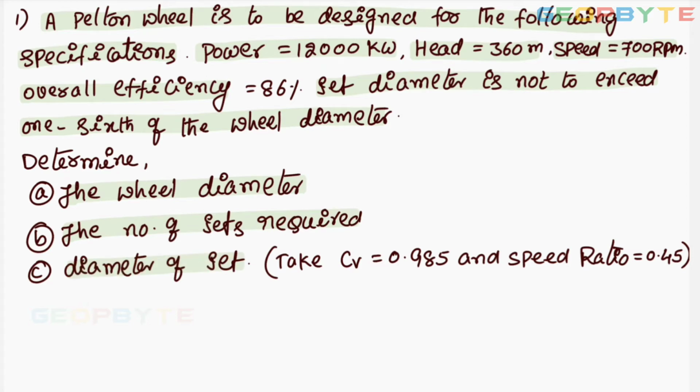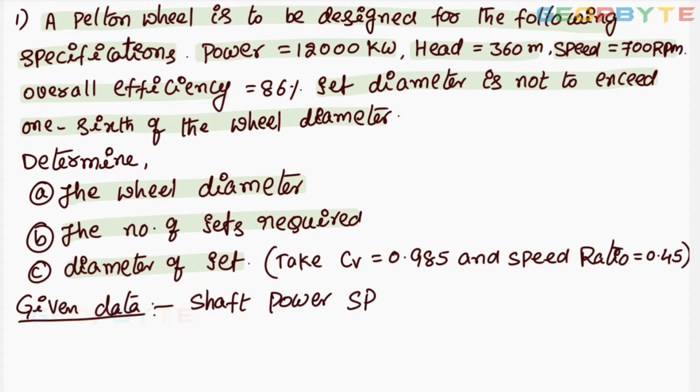First, let me write the given data. Power given. Power means shaft power. Shaft power is equal to 12,000 kilowatts.